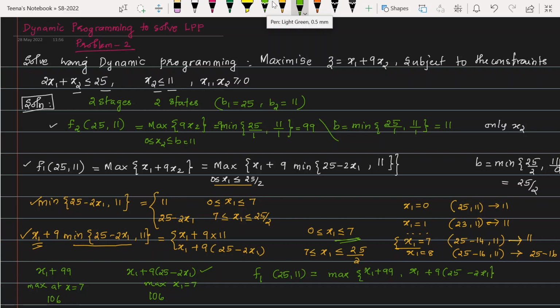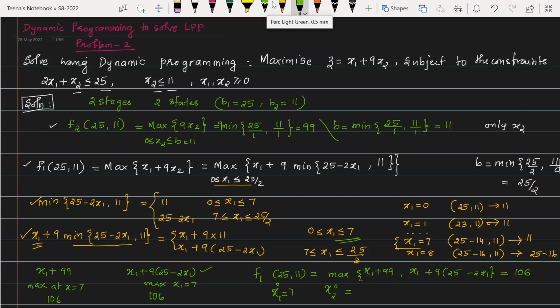So we found that maximum value right now, and this maximum value is 106, and that is obtained by taking x1 is equal to 7 and x2 optimum. For optimum, let me write it as superscript O, and x2 optimum is the minimum of 25 minus 2x1 and 11. 25 minus 2x1 at x1 equal to 7.